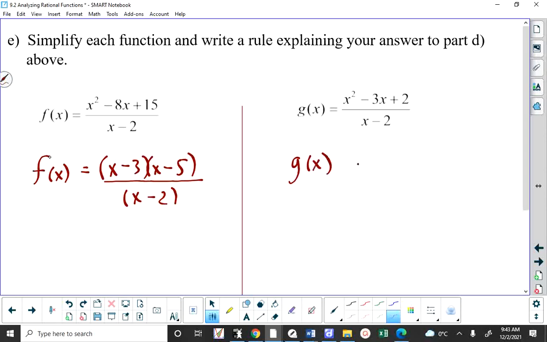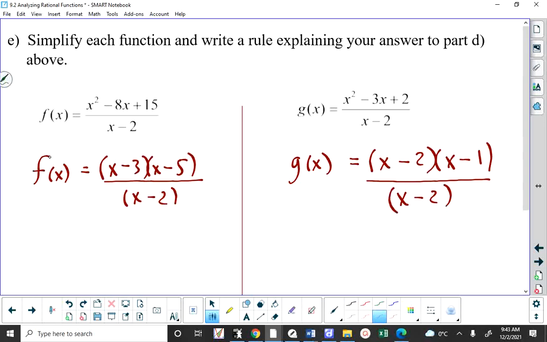G of x, we factor, this would be x minus 2, x minus 1 over x minus 2. And what happens here is the x minus 2's cancel, and you get a line, x minus 1.